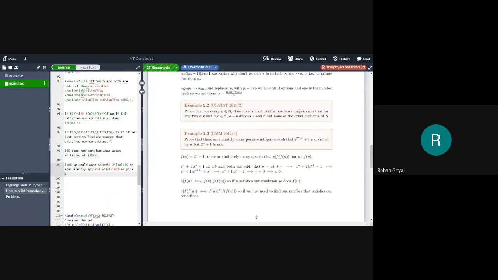What's the other condition? And we want 3p to divide f of 3p.